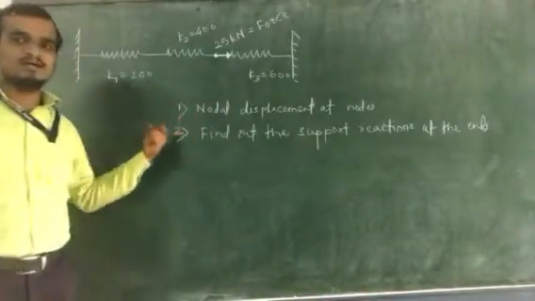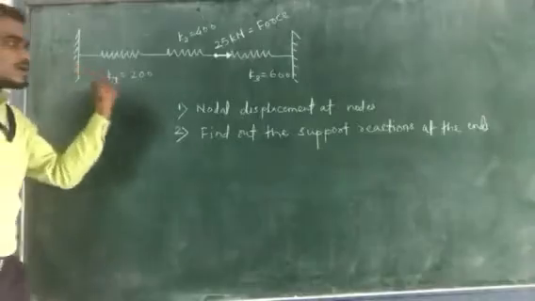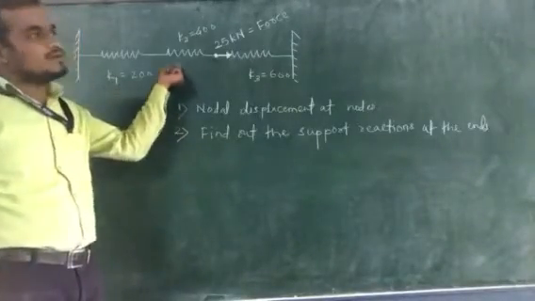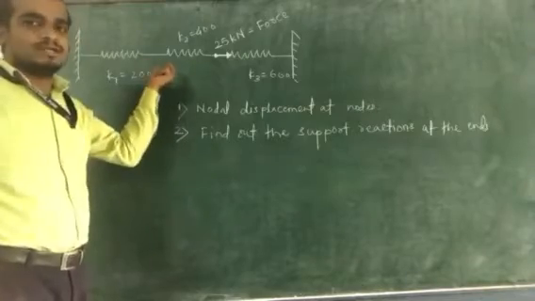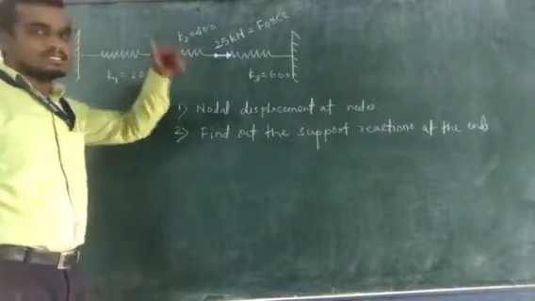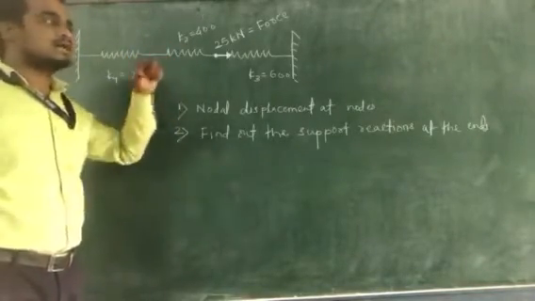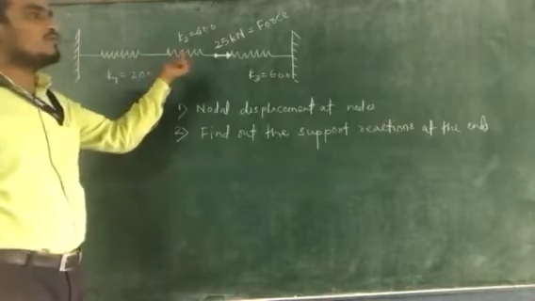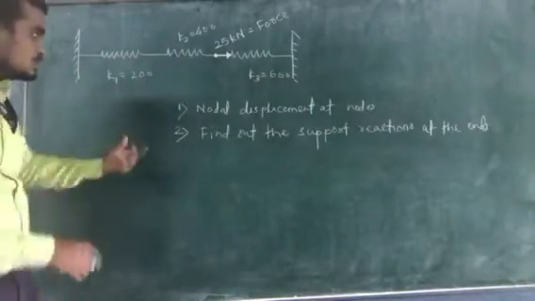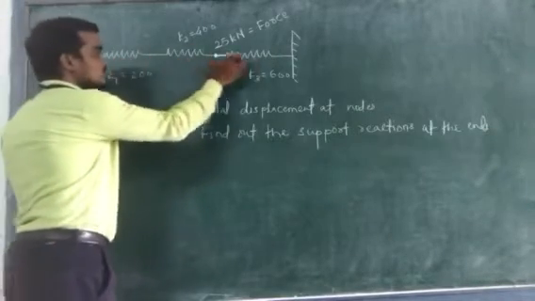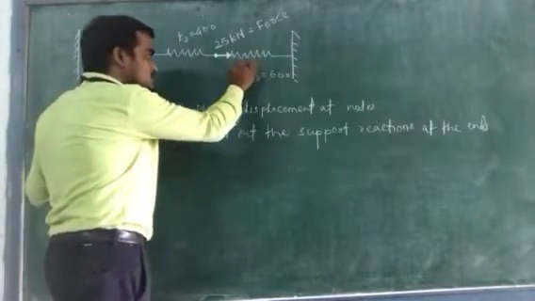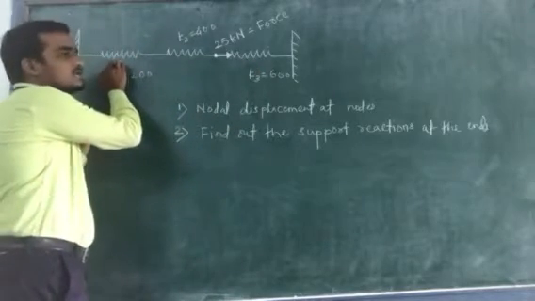For this, we first need to convert this problem into a discrete system. This is a real life problem, so we need to convert it into a discrete system, meaning a finite number of elements. As there are 3 springs, we will consider each spring as one element.